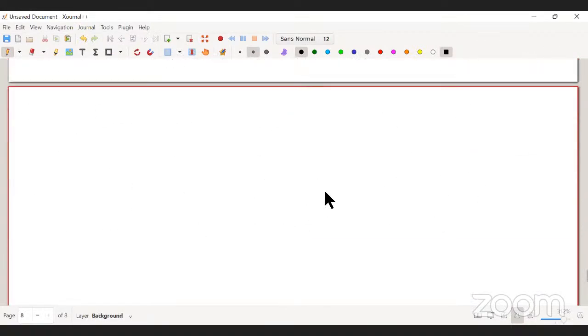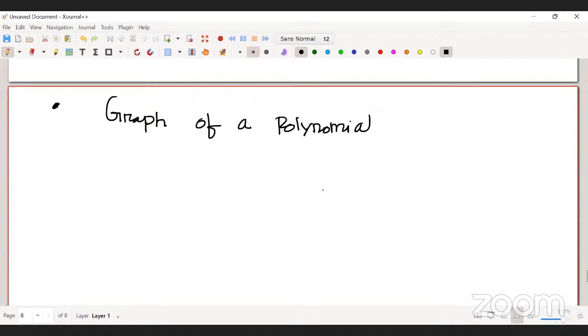The next thing, probably the last thing, is how I can draw a graph of a polynomial. Suppose some polynomial is given.